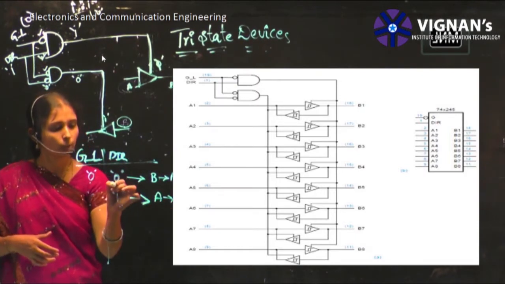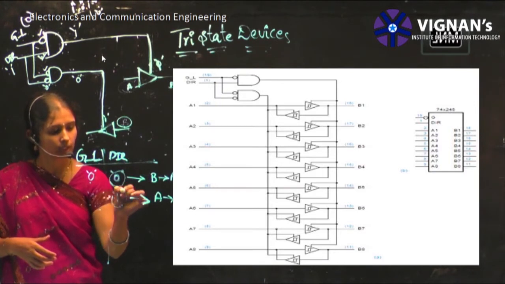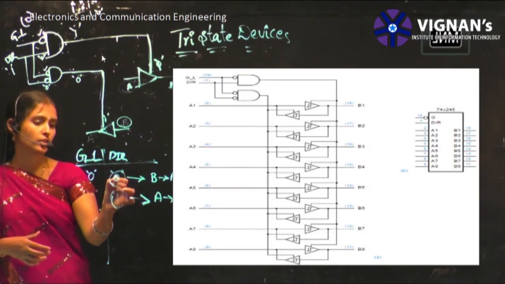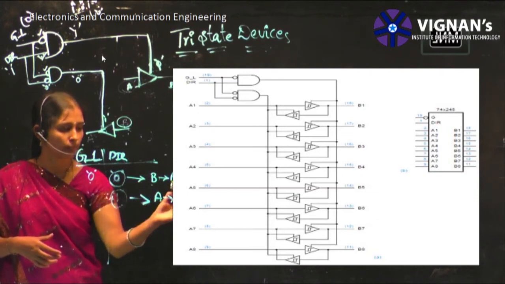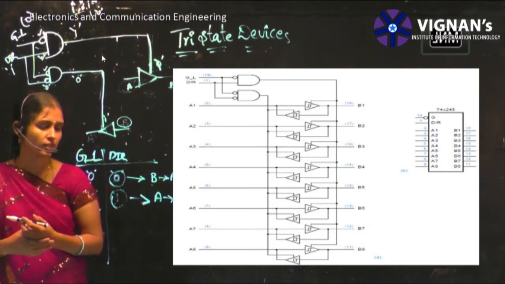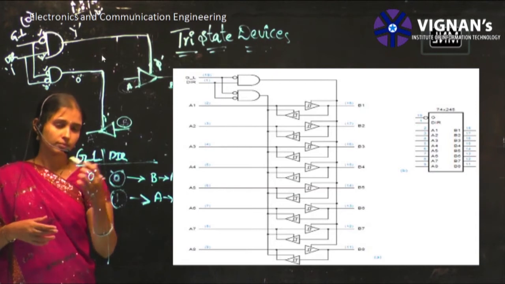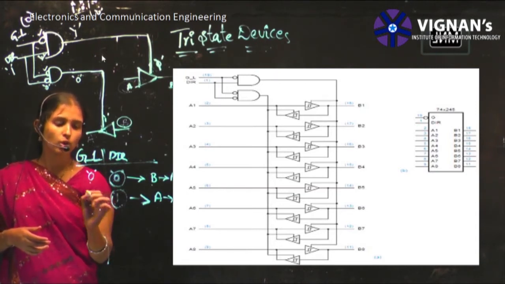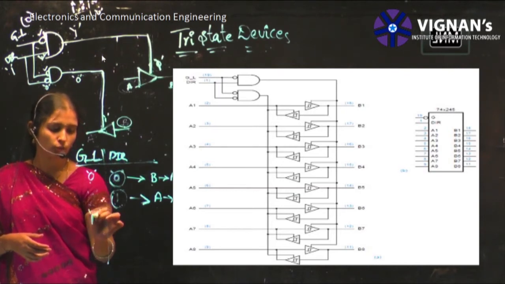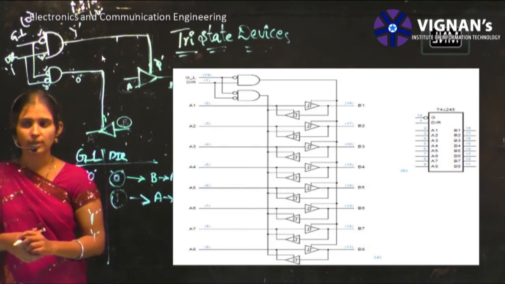So depending upon your direction, DIR value 0 or 1, the data transfer takes place from B to A or A to B. Similarly, if G of L is not 0 but 1, what happens?